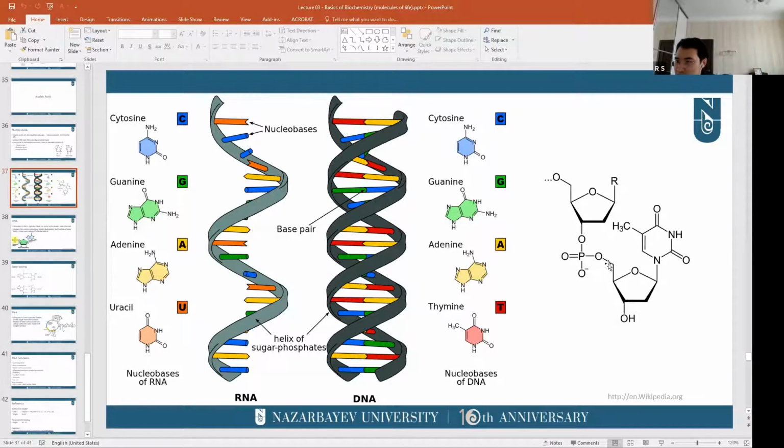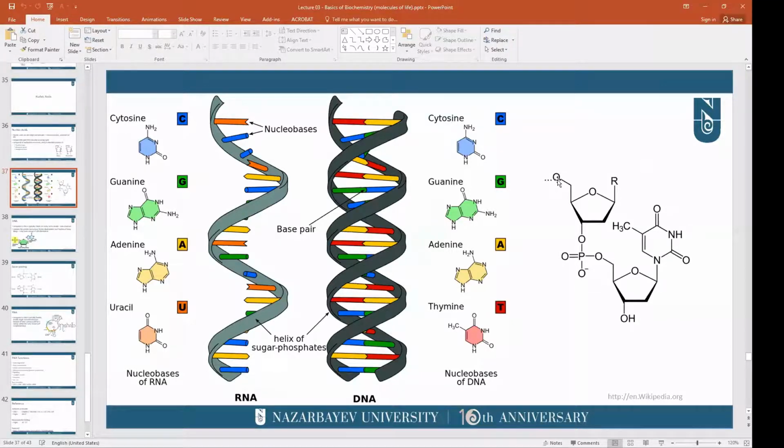And then to make this chain, this phosphate needs to bind covalently to another sugar. If you start counting carbons from this O, it will be 1, 2, 3, 4, 5. So the direction of the nucleic acid usually goes 5' to 3', and that means it goes up, down. And in this case, the first nucleotide will be the upper one.